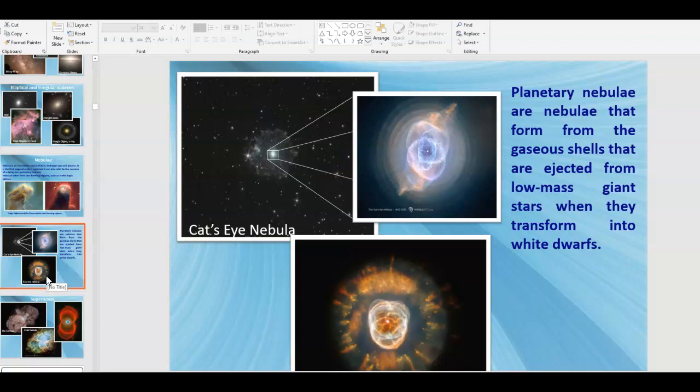When they lose too much mass, you don't have that equilibrium anymore, because as they lose mass due to fusion, there's not as much force going in from gravity, and so over time the radiation pressure wins. And what happens when a star gets to that point in its lifetime is it's going to expand into what's called a red giant. And again, we'll talk about that later. But at some point, there's just not enough gravity to hold the star together, and so the outer shell of the star is just going to puff away.